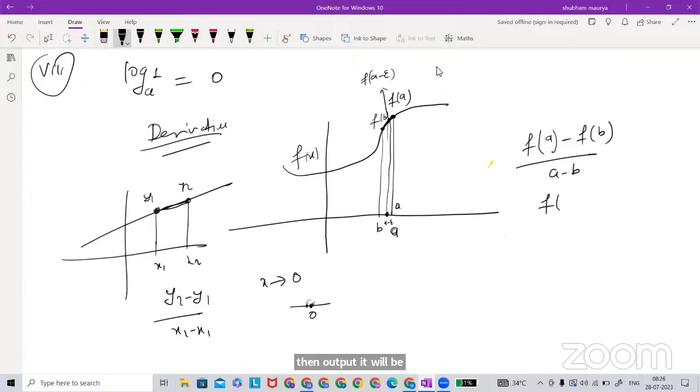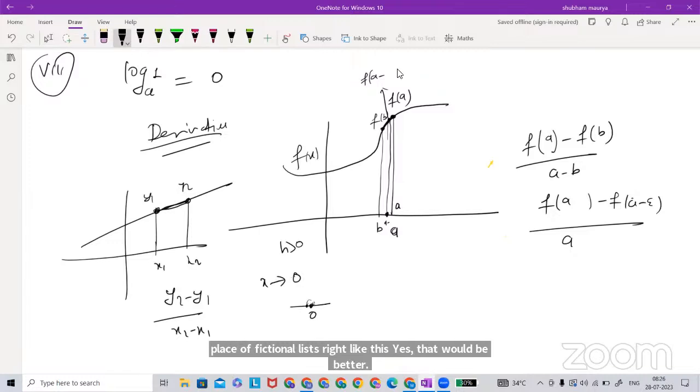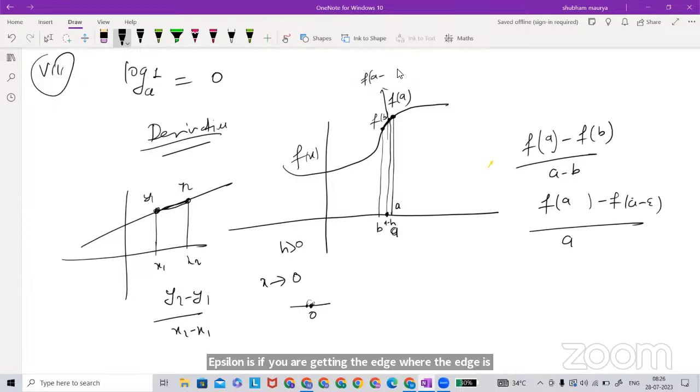Let's again find the slope with the same formula: f(a) minus f(a minus epsilon) upon a minus (a minus epsilon). In place of epsilon, let's write h, that would be better. h is a very small number, so a minus h is very close to a, and the output will be f(a minus h).